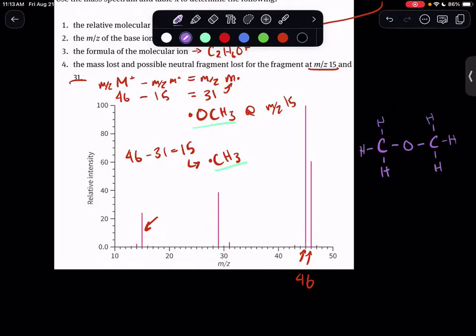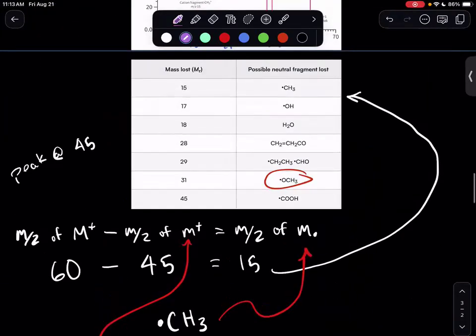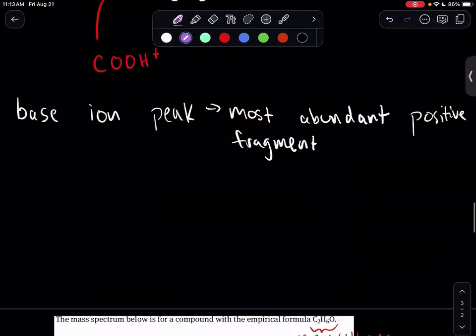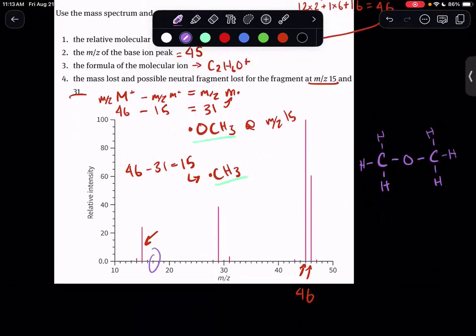I know that because if I was looking at an alcohol, we might get a fragment of OH, which has a mass loss of 17, and that doesn't appear here. We don't really have anything at the 17 mark. So from this, I know that the compound we've been given is an ether, and we just used mass spec to determine not only the fragments lost, but what our compound actually is.